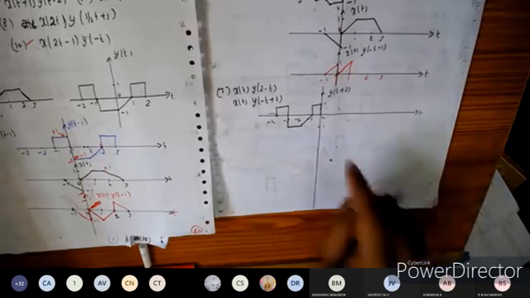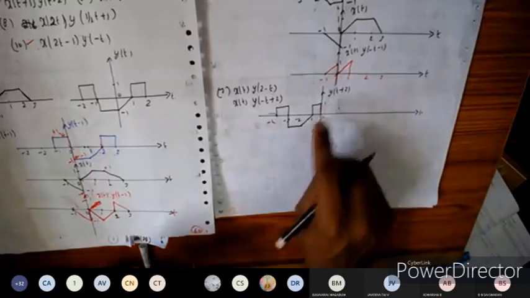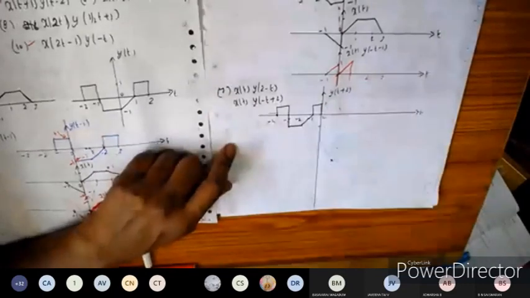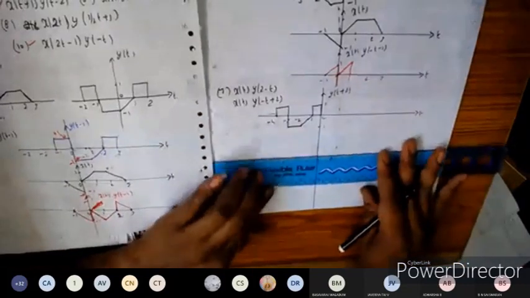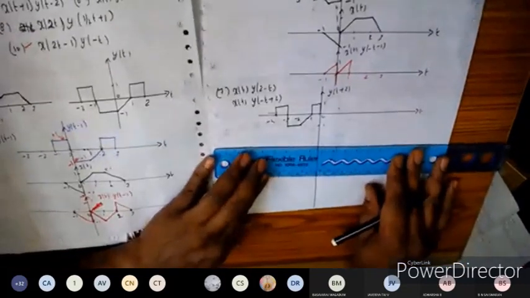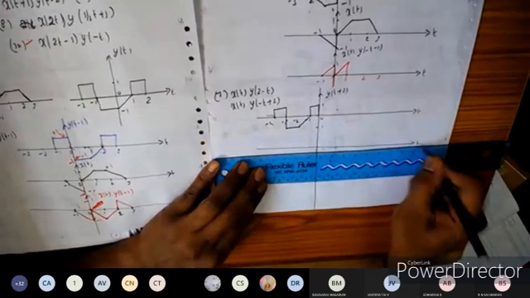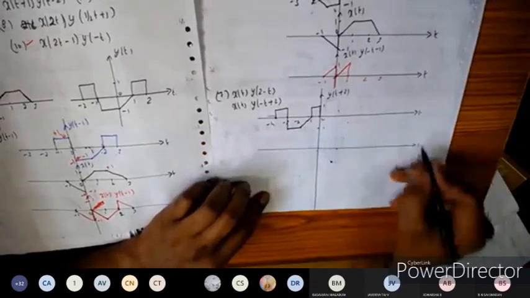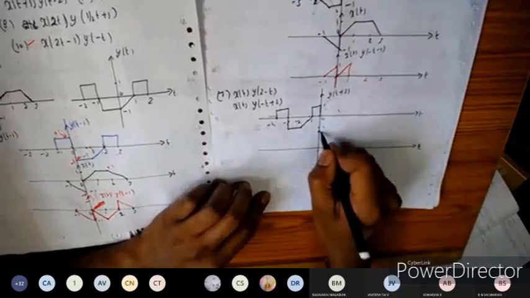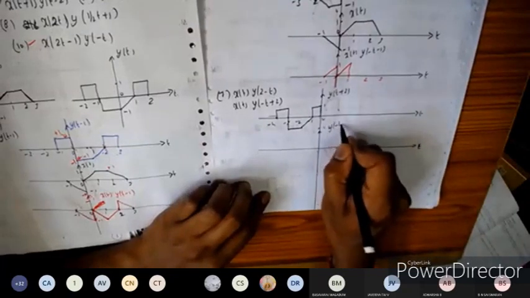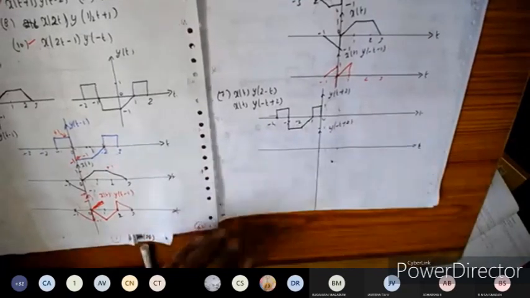Done, right? Now we need to perform y of minus t. We need to take the reflection here. The reflection means the signal is going to be shifted towards the right side. So let us draw the t axis. So this is y of minus t plus 2.